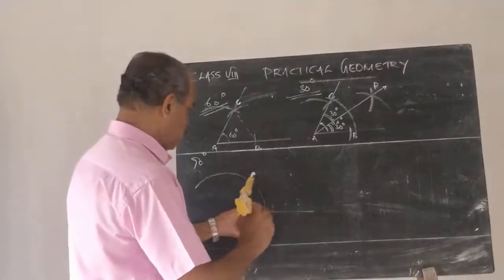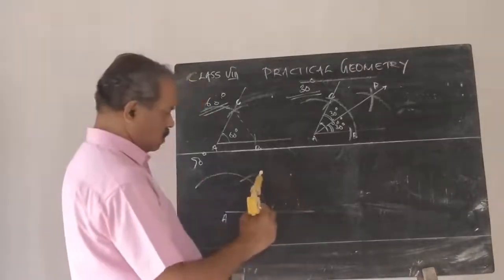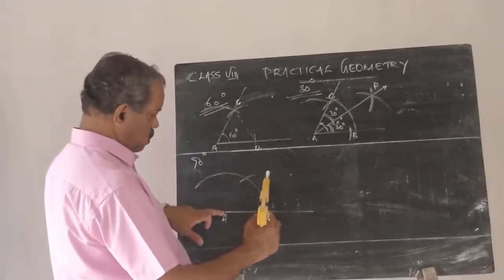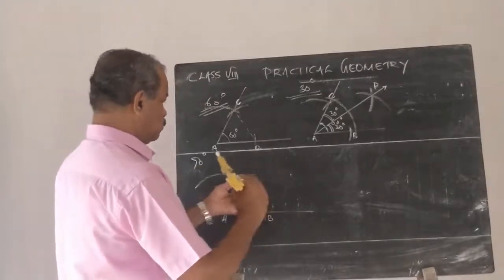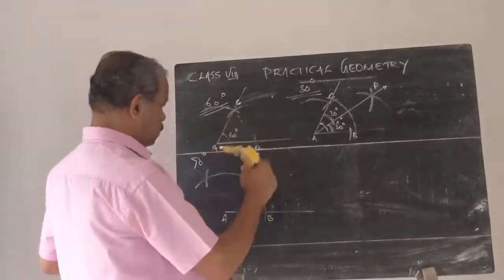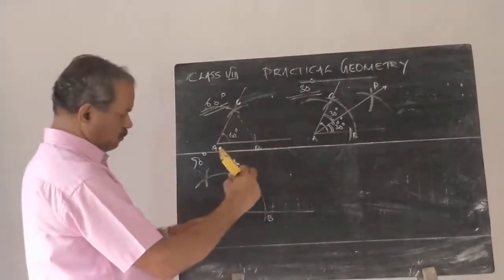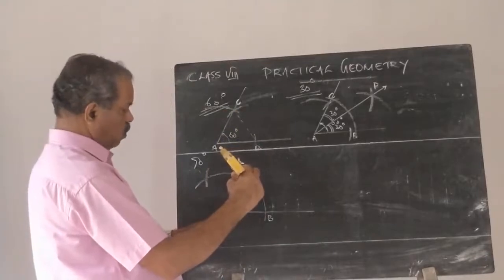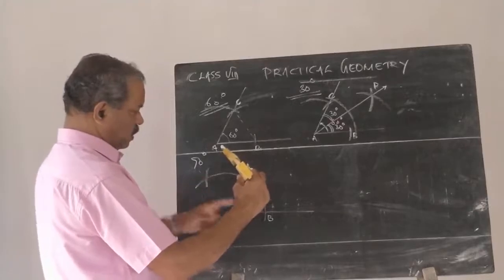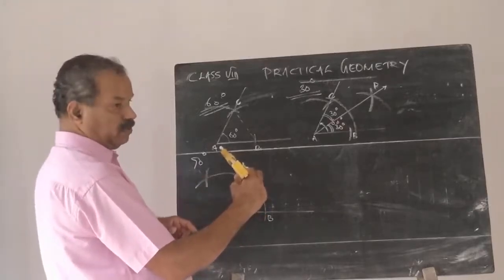First draw an arc. If we draw a line through this and A, we get 60 degrees. Again draw an arc, again 60. If we draw a line through A and this point, we get this angle ABC. If this is C, BAC is equal to 120.